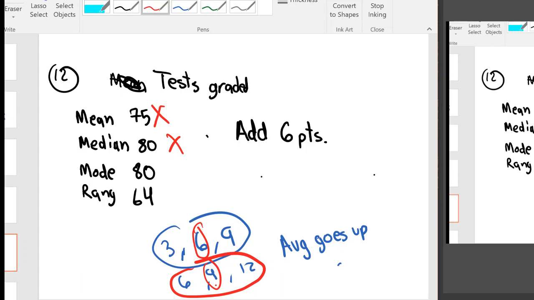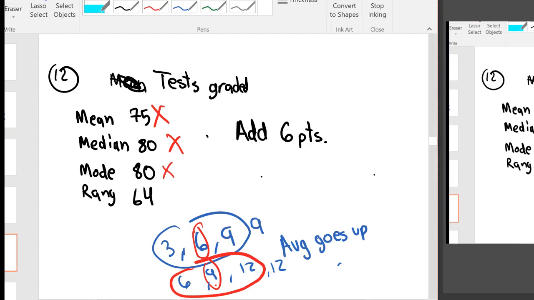In this case, there's no mode, but let's suppose it was 3, 6, 9, and then another 9, and then 12, because I added 3. If I added 3 to each of these, doesn't the mode go up? Yes, because it went from 9 in the first one to 12 in the second one. So it's not the mode.